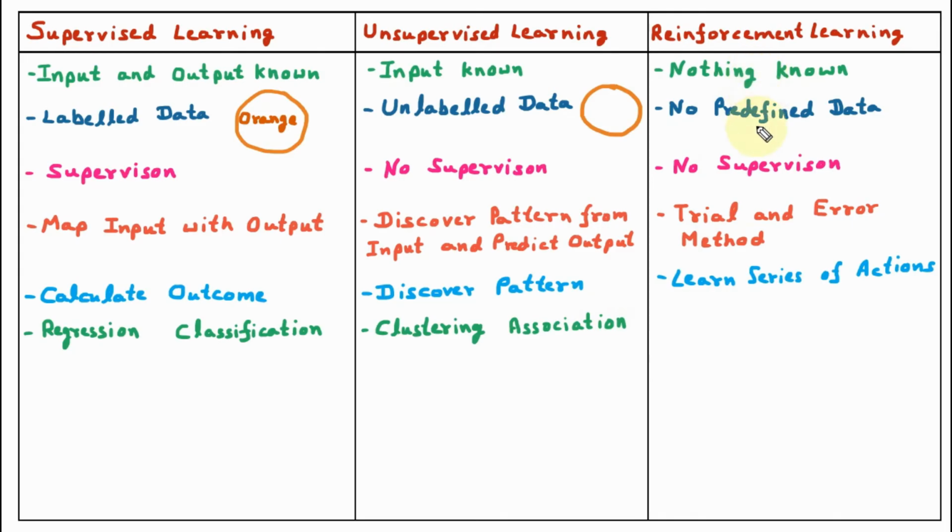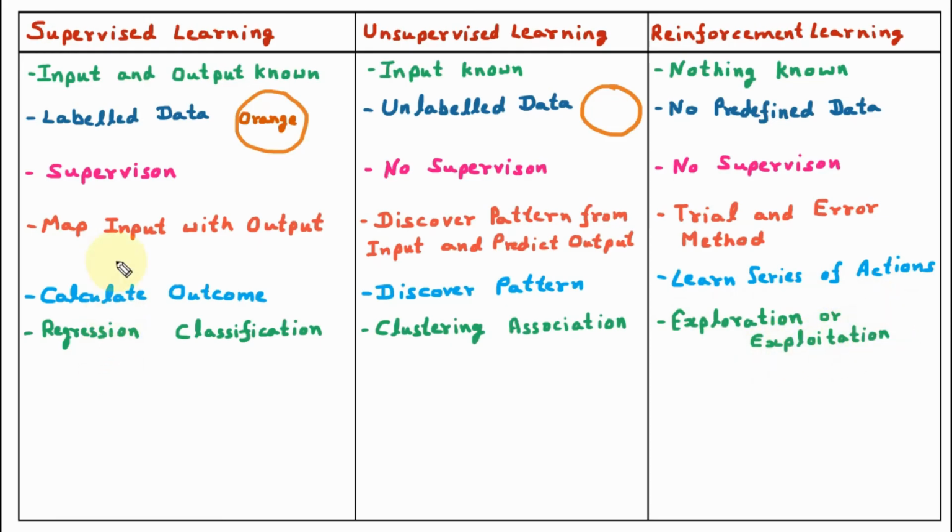In reinforcement learning, we solve the problem of exploration or exploitation. Here exploration is exploring or discovering new features, whereas exploitation means emphasizing the past features. If we are finding new things, that is exploration, and if we are emphasizing the past things, that is exploitation.